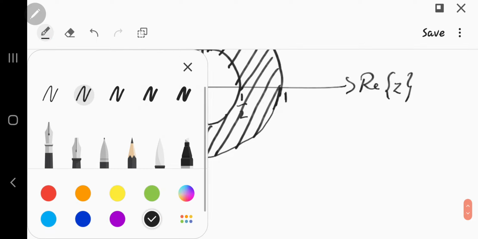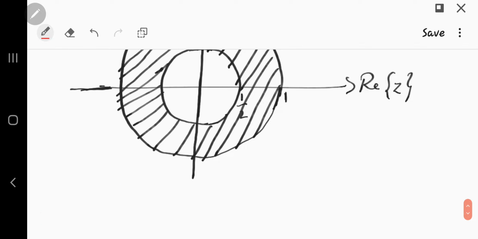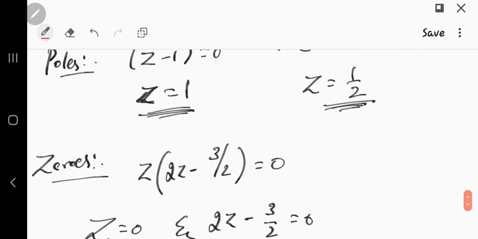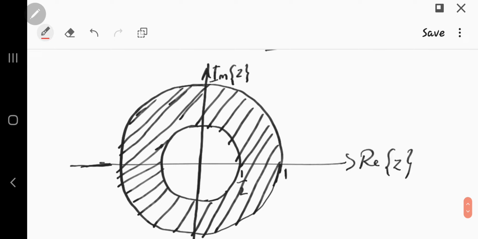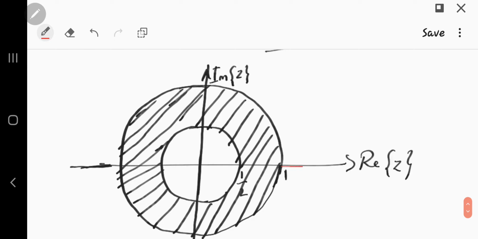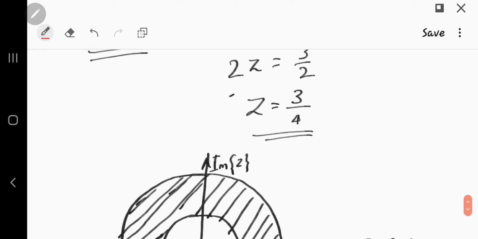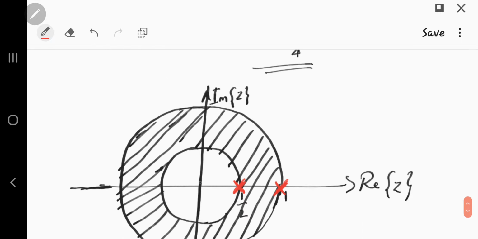Now I will use some other colors to locate. Now coming to poles, you can see poles at z is equal to 1 and z is equal to 1 by 2. Here we have z is equal to 1. So poles are located using an X mark exactly on the line, and zeros are located at 0 and 3 by 4. So we locate 0 by writing 0 here. One is at the origin and another one is 3 by 4.